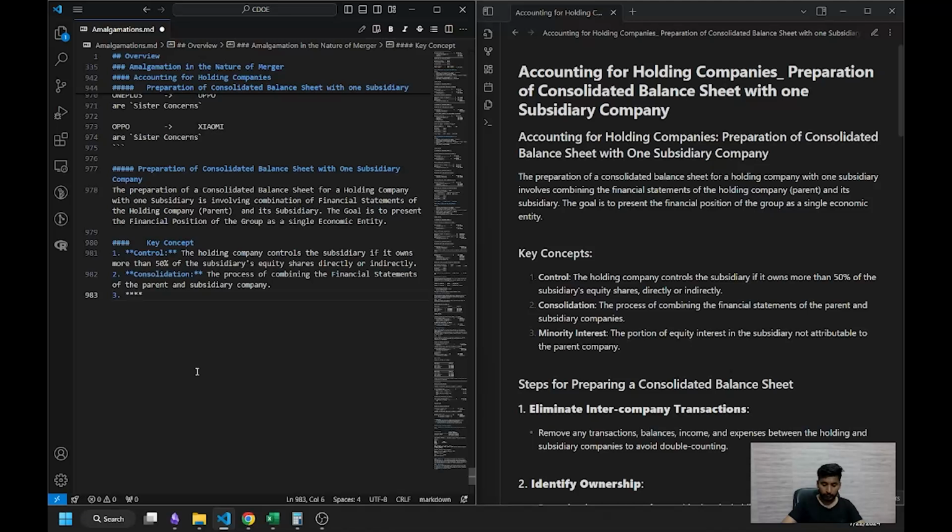The third is minority interest: the portion of the equity interest in the subsidiary not attributable to the parent company.